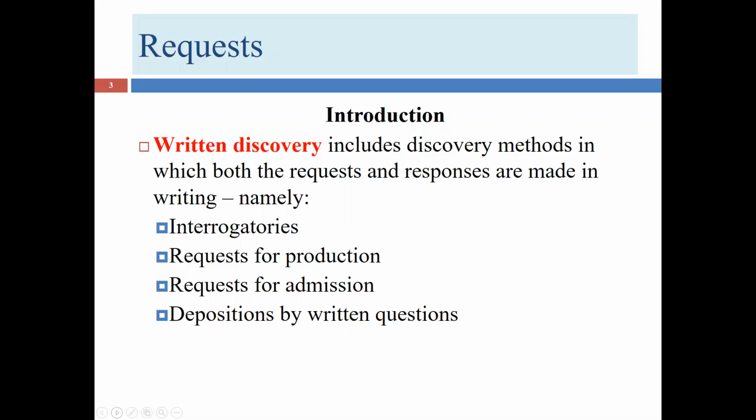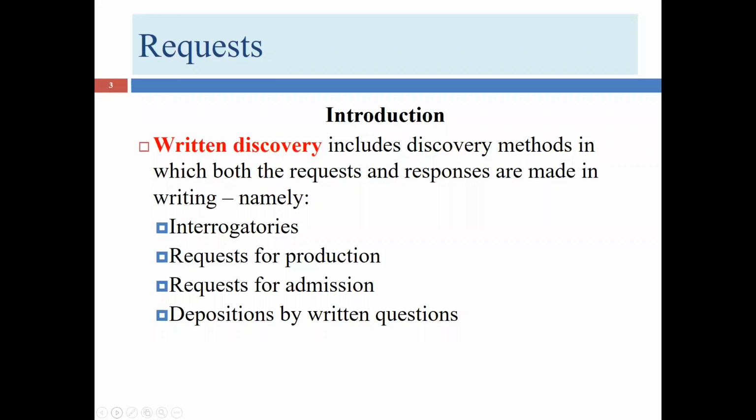Then we have 2 discovery tools that aren't written. They are depositions and medical or physical examinations. There is technically a 6th type of discovery. People usually don't talk about it because it is a special type of deposition. It's called deposition by written questions. When people ordinarily use the term deposition, they mean oral questions that are answered in real time by the deponent.